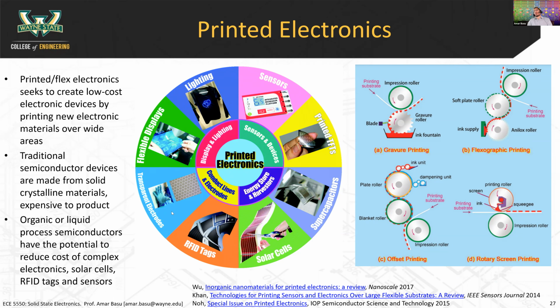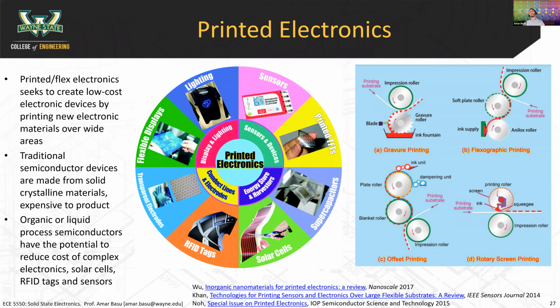What these applications have in common is some level of cost sensitivity. If we can make these electronics very cheaply and mass manufacture them, it would make electronics even much more ubiquitous than it is right now.